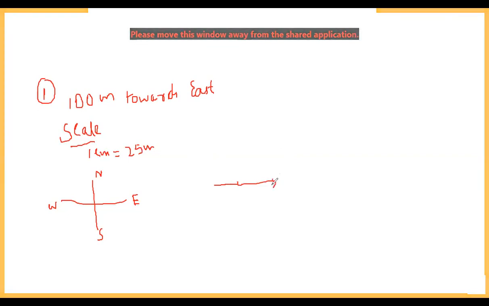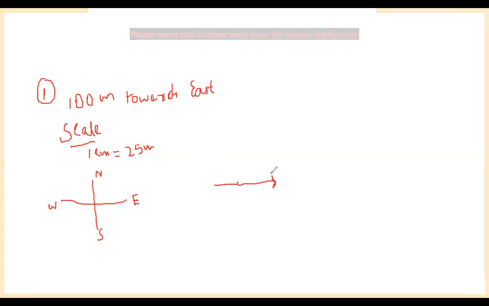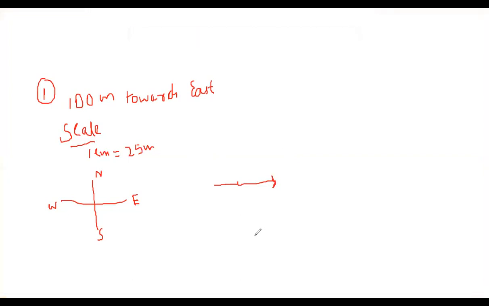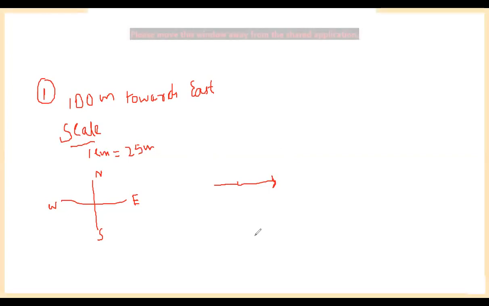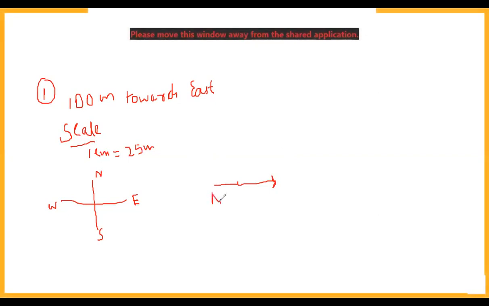This is east. An arrow must be put here, so this is towards east. But this is a vector quantity, so it must have some starting and ending point. Without the starting and ending point, this will not be a vector. So a vector must have a tail and a head, a starting and an ending point. This is the 4 centimeter line segment.